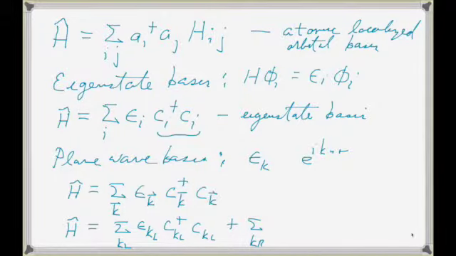So this one would be injecting from the left contact, the other would be injecting from the right contact: e_k right c_k right dagger c_k right. So these are the true scattering states of the single particle system. It's not just a plane wave, but it's like the whole wave function that evolves from injecting a plane wave from either the left or the right. And that would be your scattering state basis.